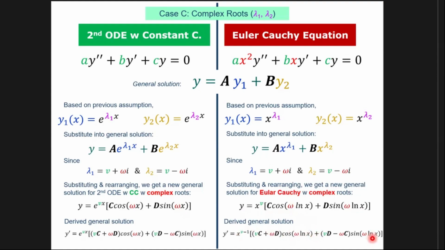So if you are wondering why I provide this derived general solution, it is because in previous cases where the general solution is simple, it's not a big deal if you do manual derivation.